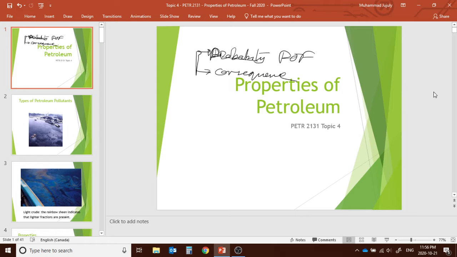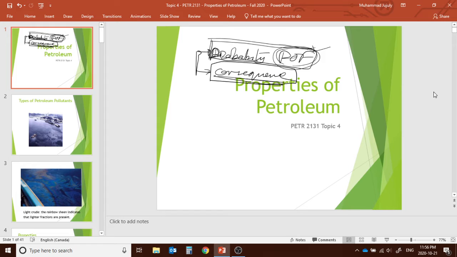So when we do the spill modeling, we learn about the consequence. We want to know what the consequence of a failure is. The probability of failure depends on different things, how it can fail, and there are so many modes and options for determining the probability.